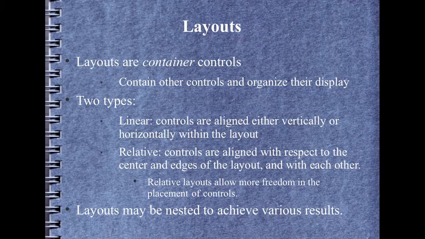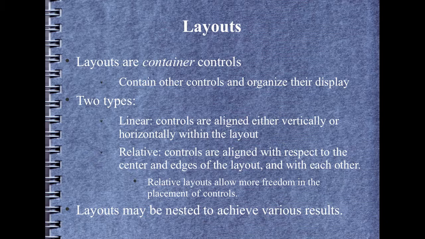Now, layouts contain views. They contain other controls. Layouts are also subtypes of view. So views have a subclass of layouts, various different layouts, and then layouts can contain other views, and so on and so forth.